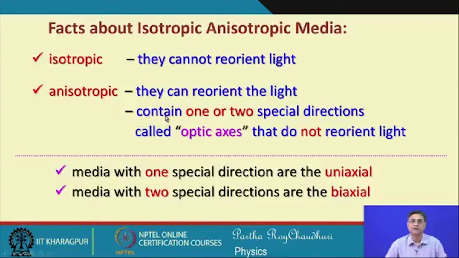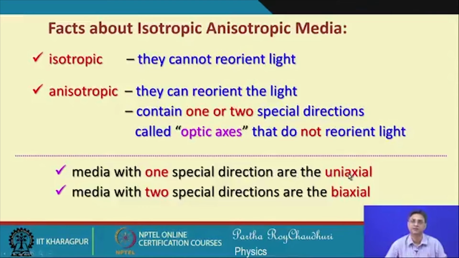In general, such a medium contains one or two special directions, and these directions are called the optic axis, along which they do not reorient the light. So, in an anisotropic medium, particularly in a uniaxial medium, there will be directions along which the direction of the electromagnetic waves will not be altered, and in the other directions the direction of the electromagnetic waves will be altered. To summarize, a medium with one special direction is called a uniaxial medium.